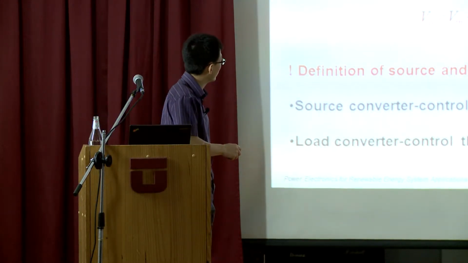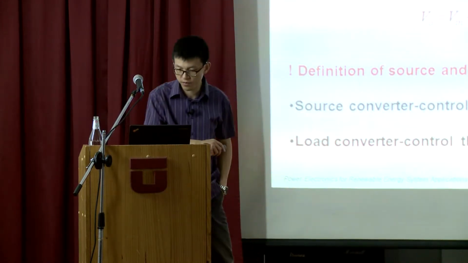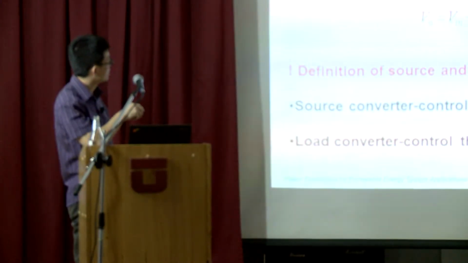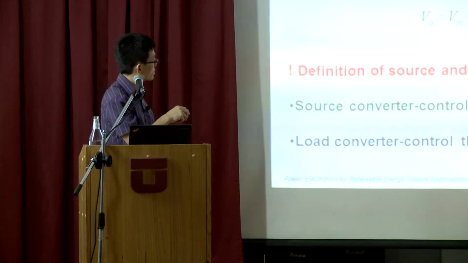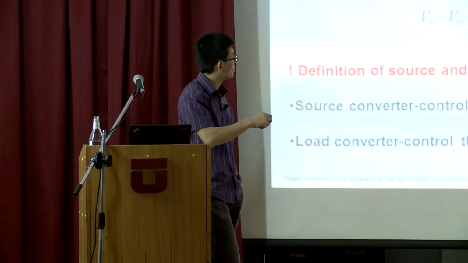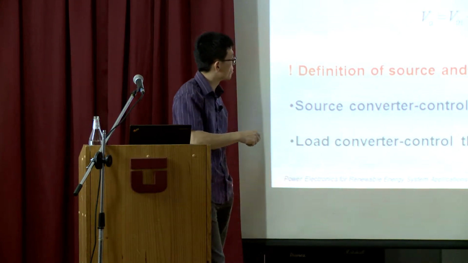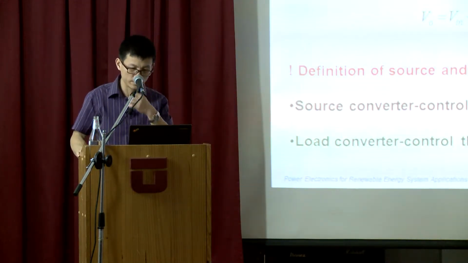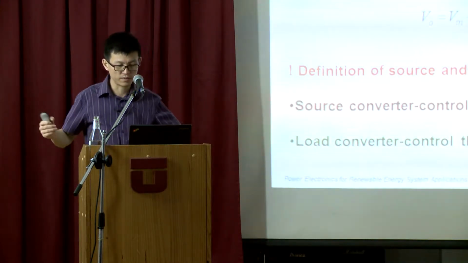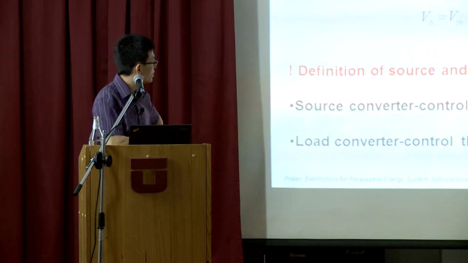Here we define this simplified system. Essentially, you have a source converter and a load converter. The source converter goes from the machine generator and supplies the DC bus, and the load converter goes from the DC bus to the converter and then supplies either the DC converter or the AC drive, and afterwards is a DC load, whatever.